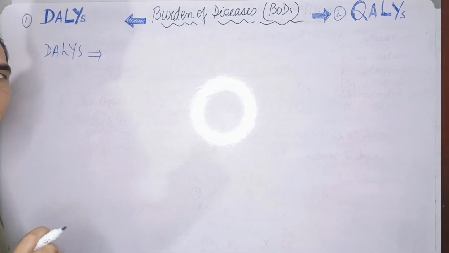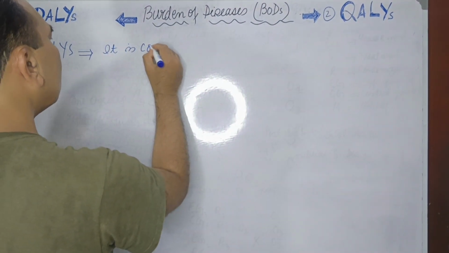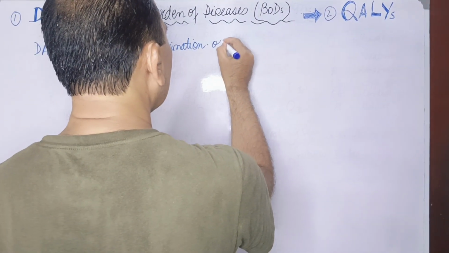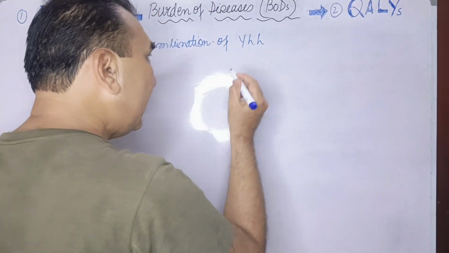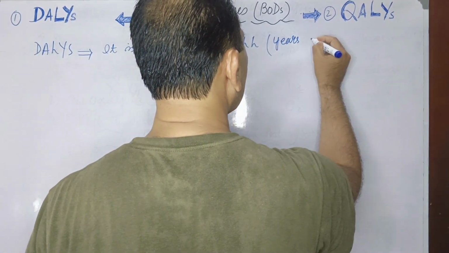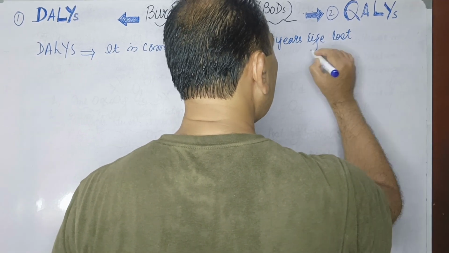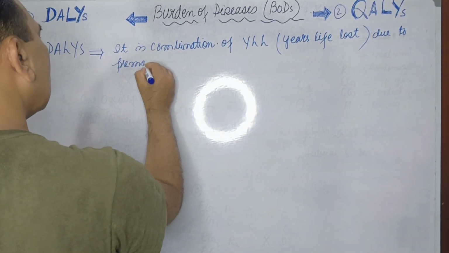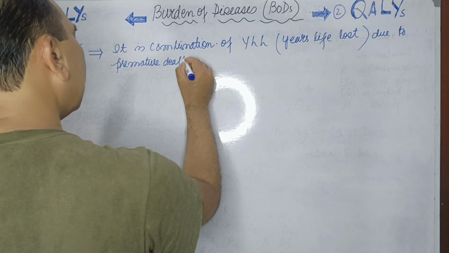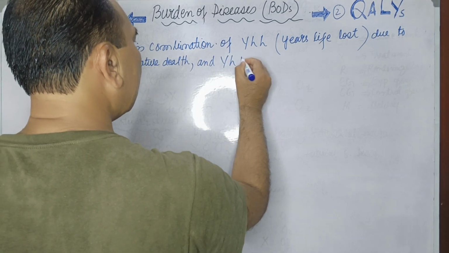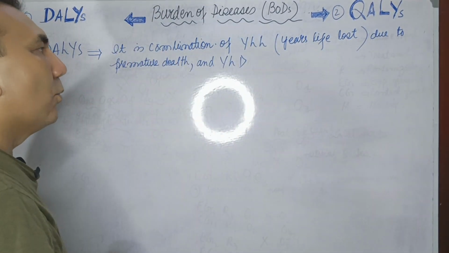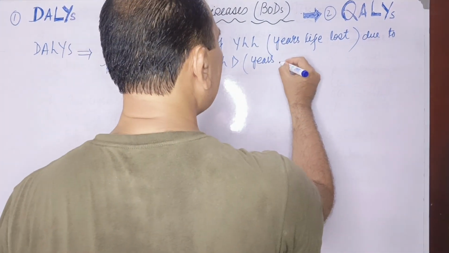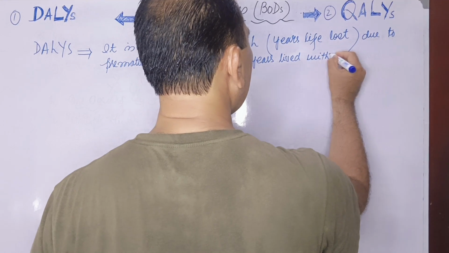DALYs is the combination of YLL, years of life lost due to premature deaths, and YLD, years lived, by any person, individual, or population, with disability.